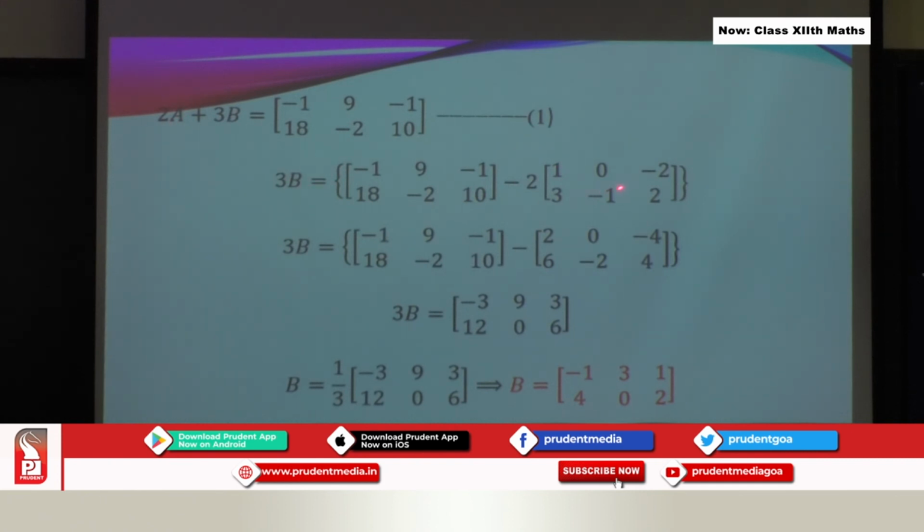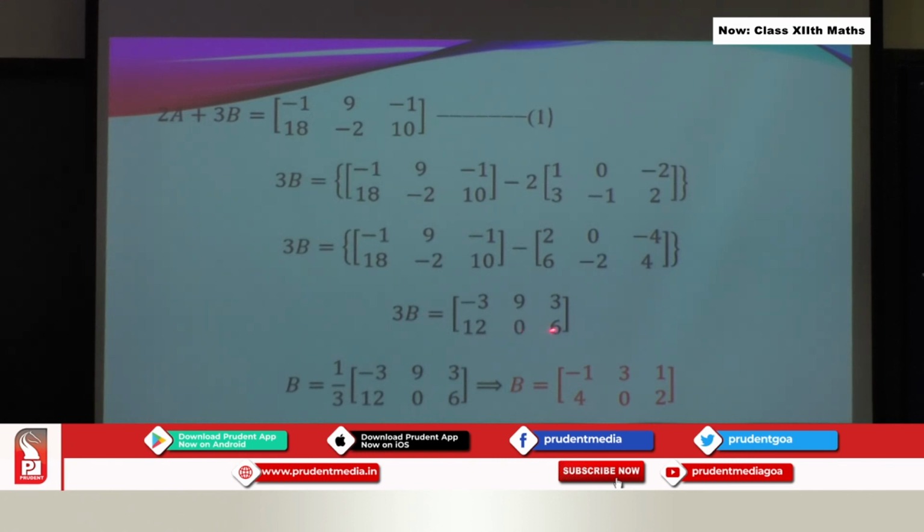So A I what I got, that I substitute here. This 2, not minus 2. 2 you multiply inside. So when you multiply 2 inside, you get this output. So again, you need to find difference here of these two matrices, and when you proceed further, you can see here you get 3B equal to this matrix.